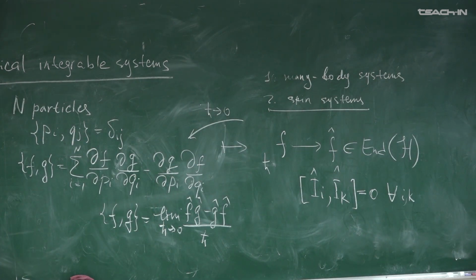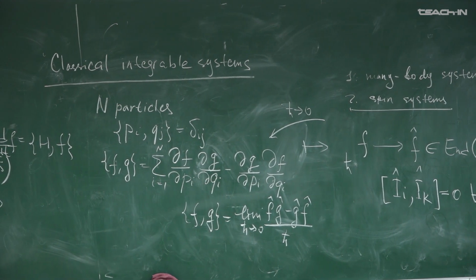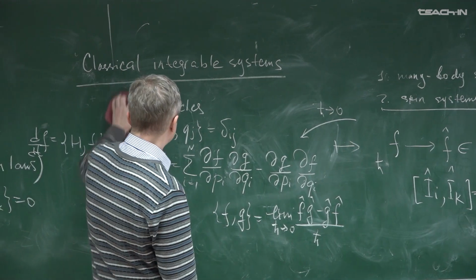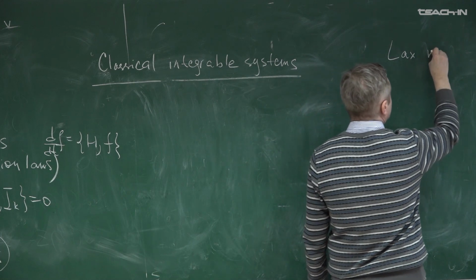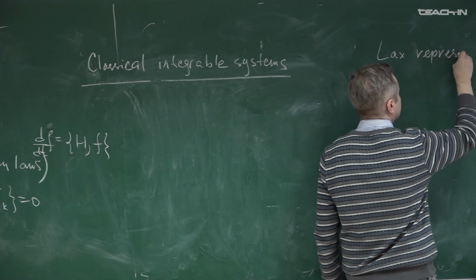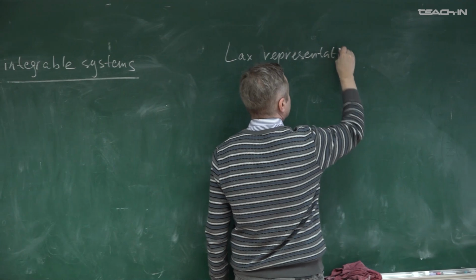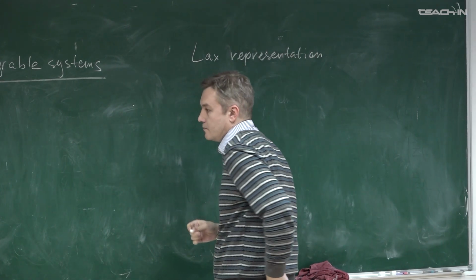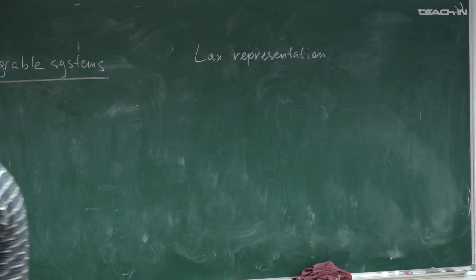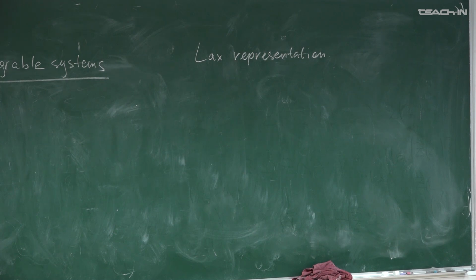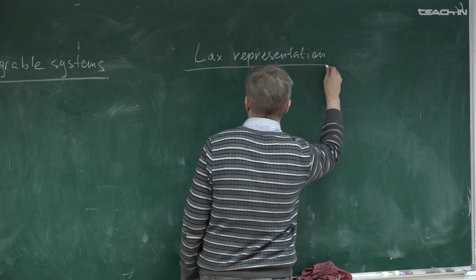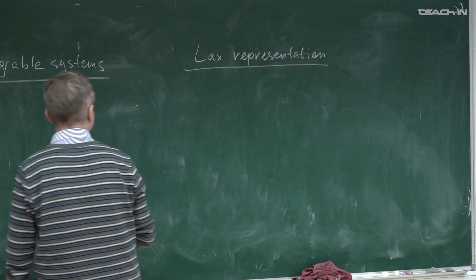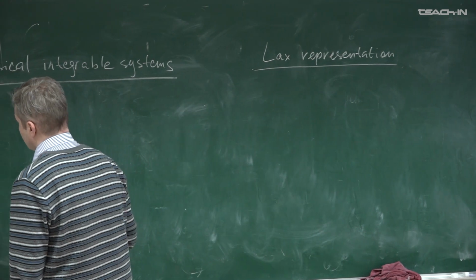So we are coming back to this definition. What does it mean? It means the following. Suppose we may write equations of motion in matrix form. So we have some dynamical system, Hamiltonian.